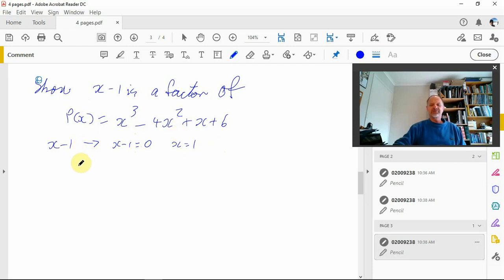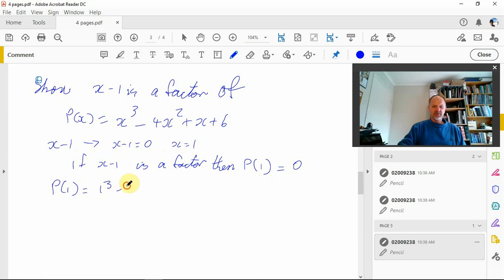So if x minus 1 is a factor, then p of 1 has got to equal 0. So let's have a look. P of 1 equals 1 cubed minus 4 times 1 squared plus 1 plus 6.